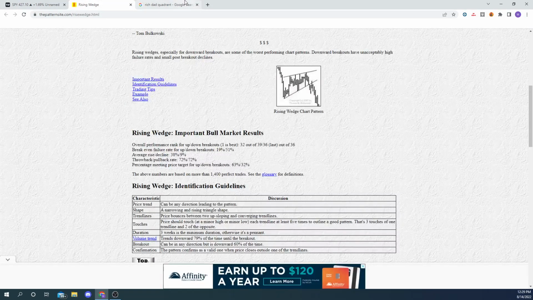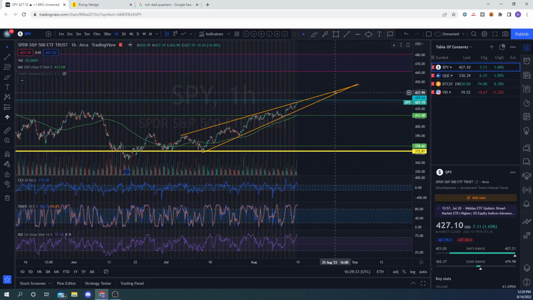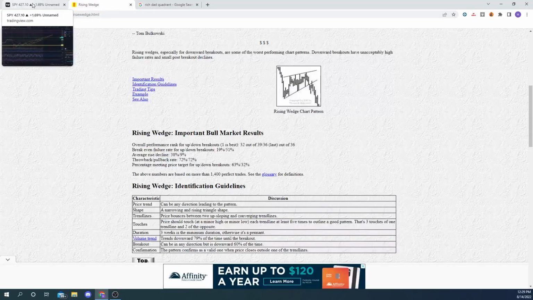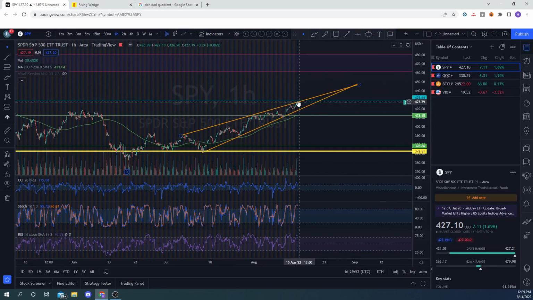And so I do believe I do a very good job. I may be biased deep down, but I do a good job of putting all the facts on the table and trying not to ignore a factor. And if a factor's there, I'm going to find the probability of this factor. Like the upper price target here of the rising wedge on the SPY: if you cross this line, the probability is that you are going to reach your price target.